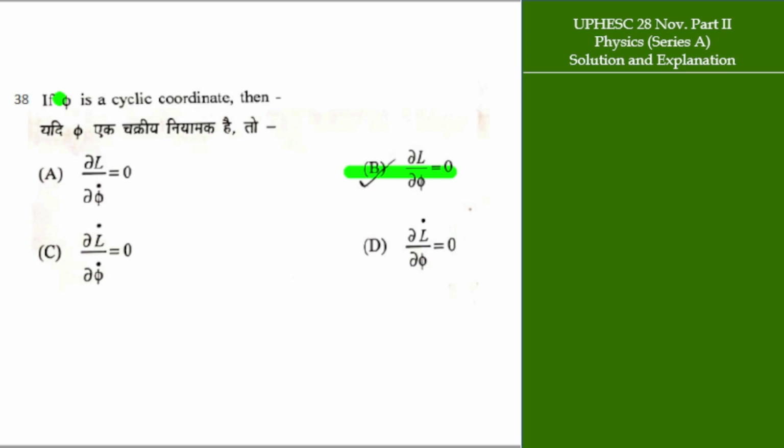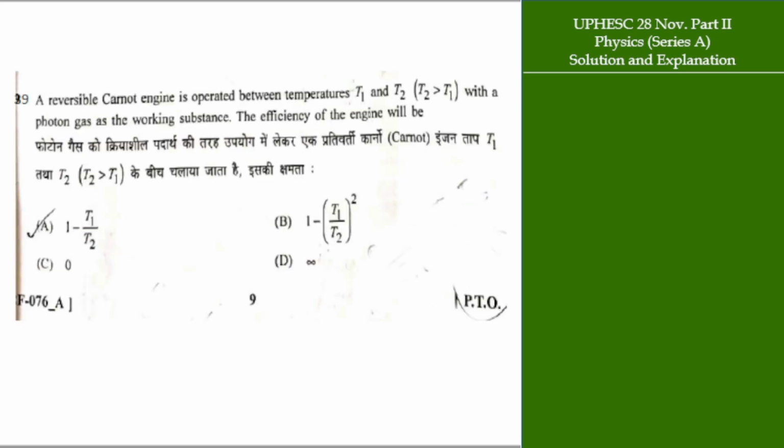Okay. Now the next question is question number 39, in which they have provided a reversible engine, a Carnot engine, operated between temperatures T1 and T2, where T2 is greater than T1, with a photon gas as the working substance. The efficiency of the engine will be? The formula for the thermal efficiency of a Carnot engine is asked.